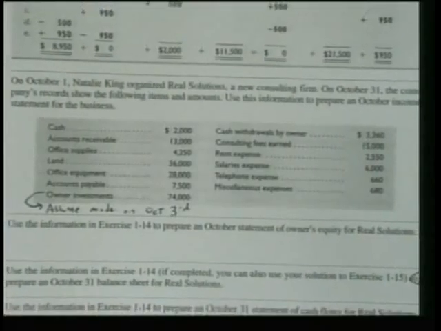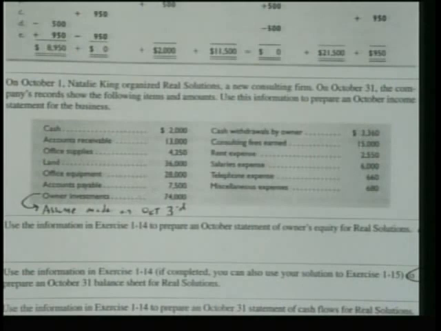How'd you guys do on exercise 114, 115, and 116? Cool? Okay, here's what I want to do. This is probably the most simple example that you'll do, and I'll tell you why here in a second.